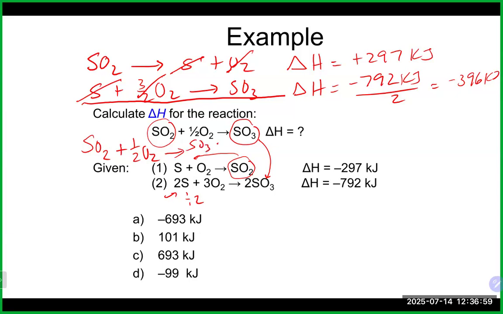So I did get the correct equation there. That means my delta H will be adding these guys together, and that's going to give me a 297 plus a negative 396. Looks like a negative 99 kilojoules, meaning this reaction is exothermic. Any questions on that there?